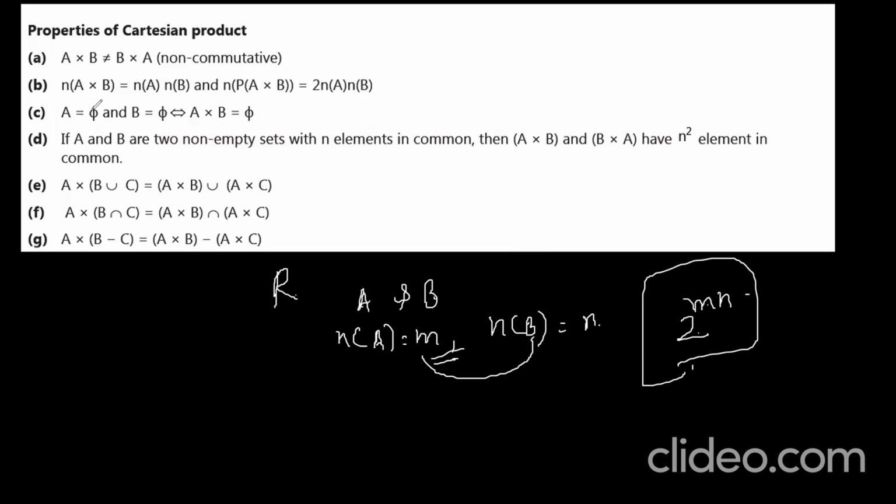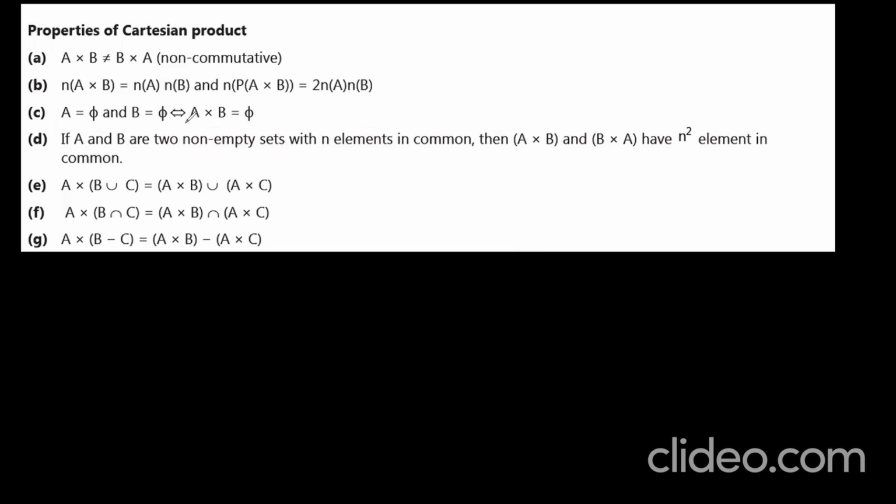Next, if n(A) is equal to 5 and n(B) is equal to 5, then n(A cross B) is 25. Very good. If A and B are two non-empty sets with n elements in common, then A cross B and B cross A have n square elements. Then A cross (B union C) is equal to (A cross B) union (A cross C).